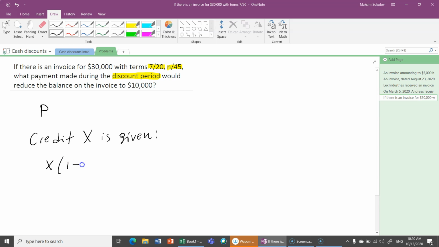It's the credit that, if we discount it by 7%, will be exactly that payment P that is made, right? In other words, we can find X here, that credit, and it's going to be P divided by 0.93.